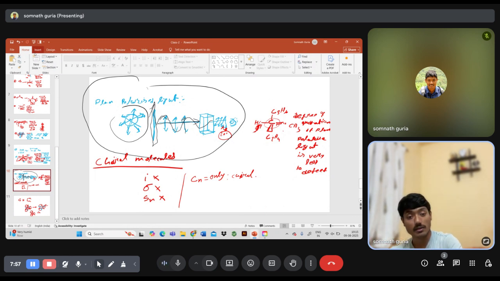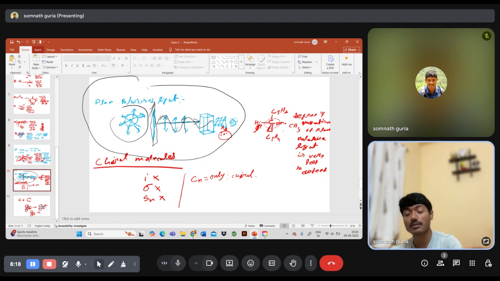It doesn't have the i, it doesn't have the sigma, it doesn't have the improper axis of symmetry. Only Cn can be found. Sometimes we cannot find it. Cn means you can go for the identity operator; C1 is the identity operator. You can find it somewhere.